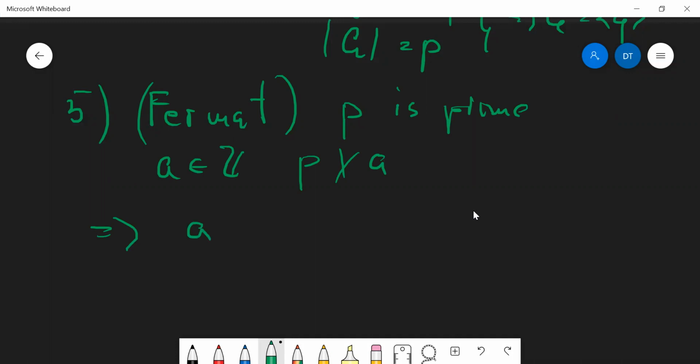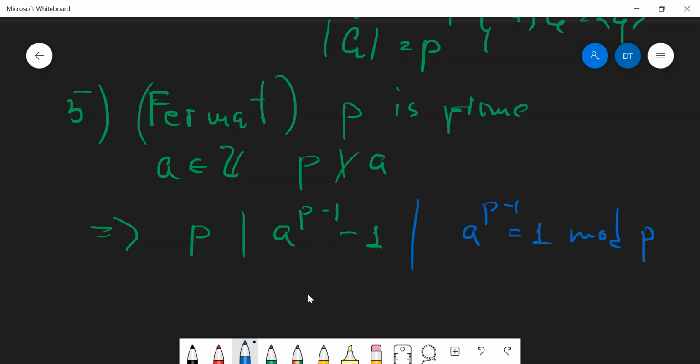Then p divides a to the power p minus 1, minus 1. Or you may reformulate this in the following manner: a to the power p minus 1 equals 1 modulo p. So this is the little Fermat theorem.